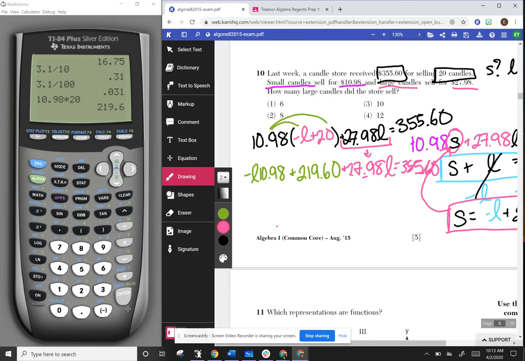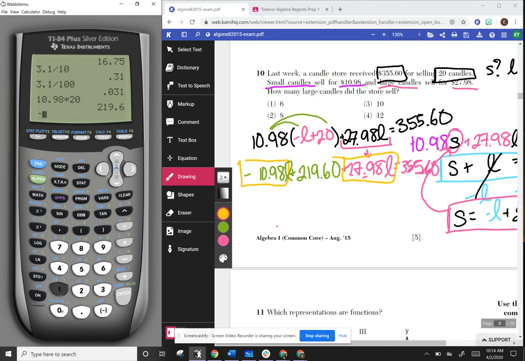We have some like terms here that we can combine. So this has an L. Negative 1098L. We got negative 1098L, and we got 2798L.